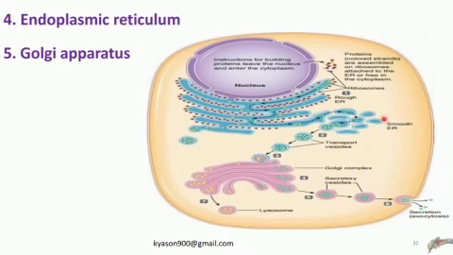Then the smooth endoplasmic reticulum, I said, is going to contain abundant enzymes that are involved in lipid synthesis. And I explained to you that in your body, lipids are needed.